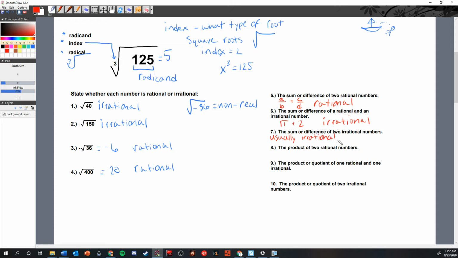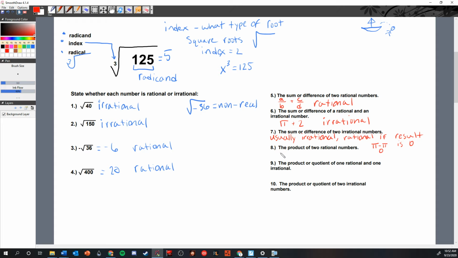However, I could end up with a rational number if these two things add or subtract to 0. If I had pi minus pi, that comes out to 0, which is a rational number.